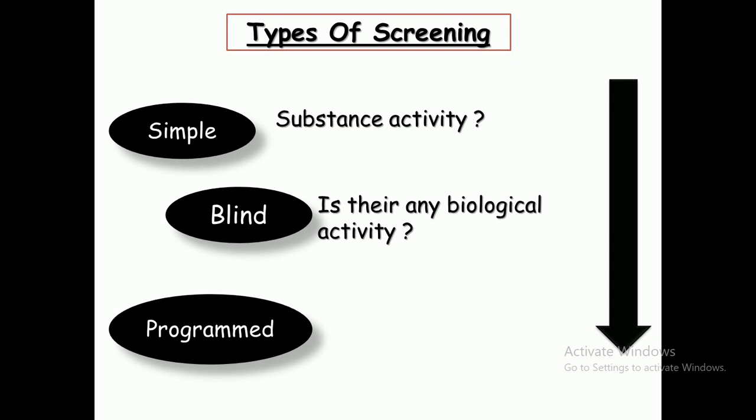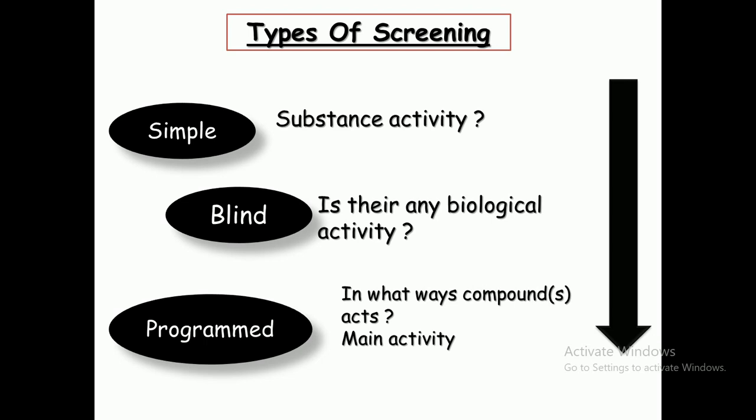Blind screening requires planning and skillful execution of the test. It requires nature, economy, time, money, it requires all. Next is the program screening. It is the best type of screening.